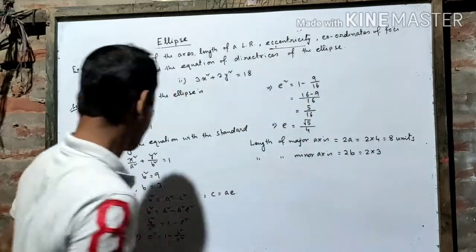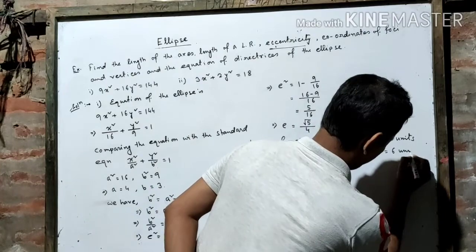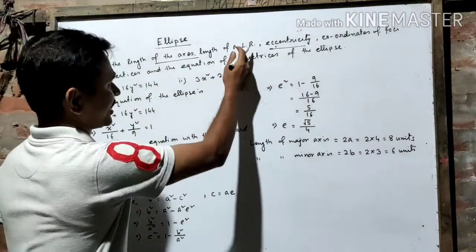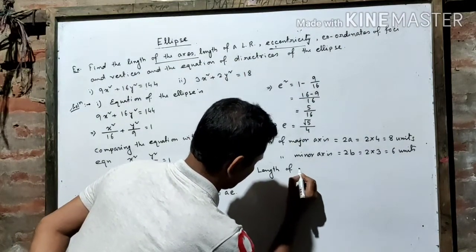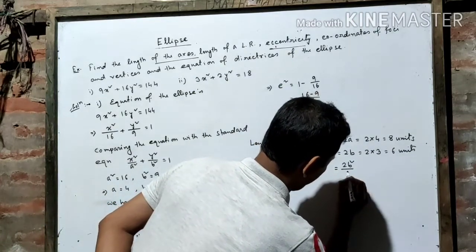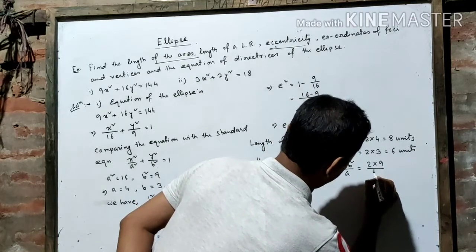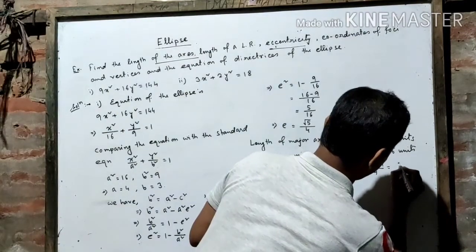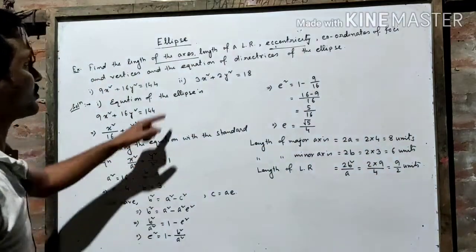What is b? b is 3. 2 into 3 is equal to 6 units. Okay, so length of axes. Then length of latus rectum is equal to 2b square by a is equal to 2 into, what is b square? 9, and what is a? a is 4. Okay, so this is 9 by 2 units. Then eccentricity we have already found.